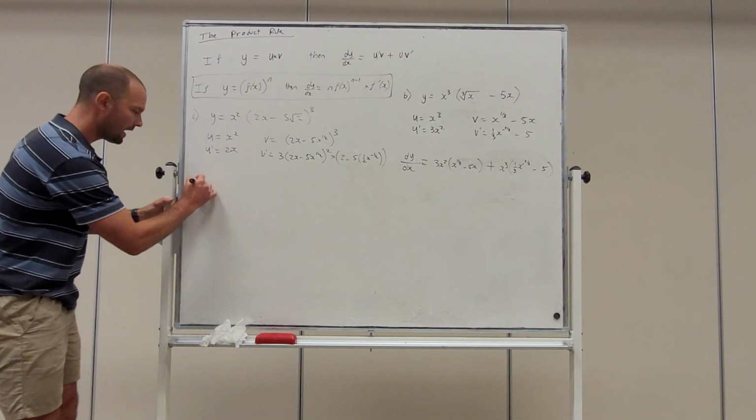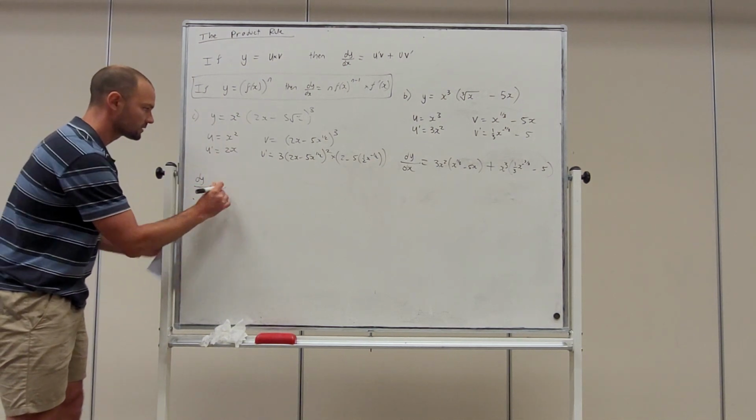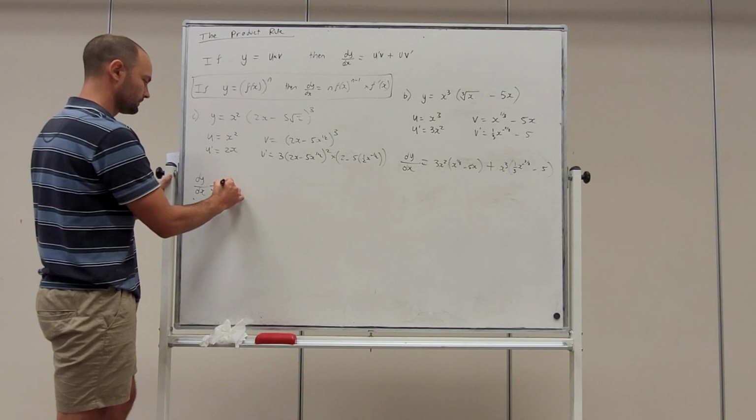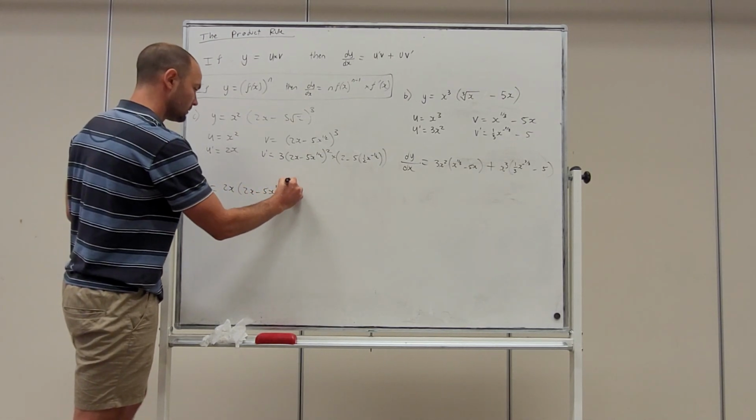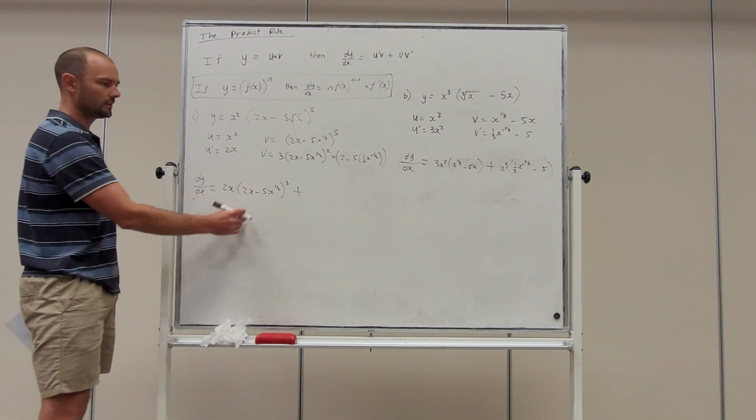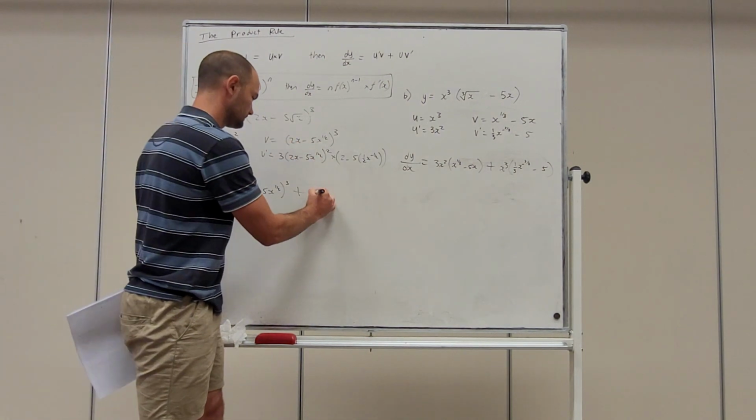Well, you've got y, so dy/dx will be u dash v plus u v dash.